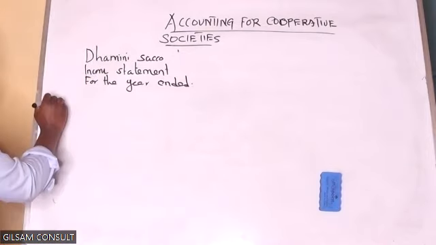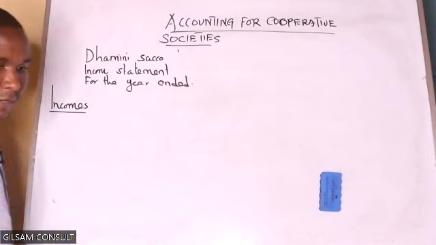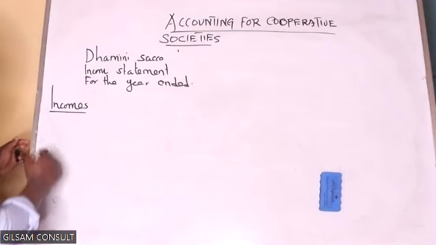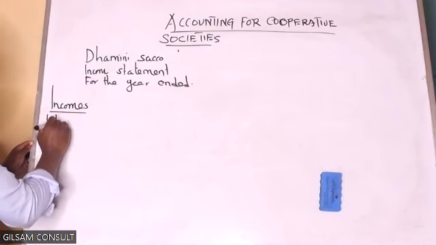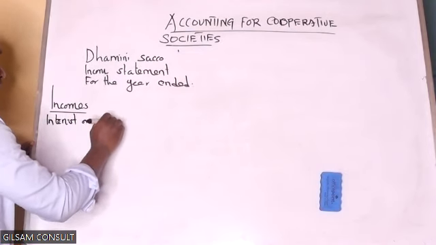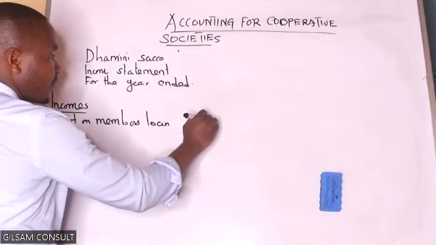We start with the incomes. So the incomes for cooperative societies is the interest on members' loan. We put it here.